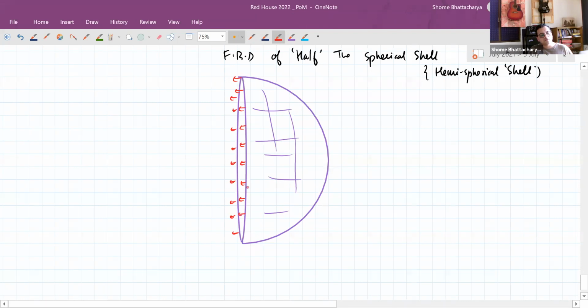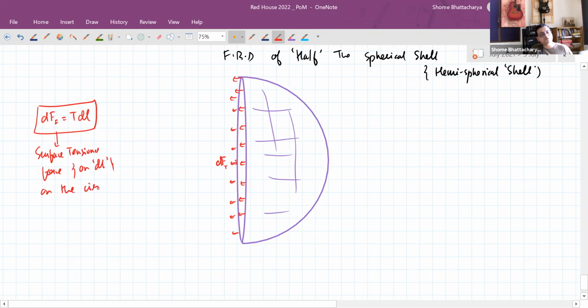So if we consider each of these as dF on a length element dl, this is the surface tensional force on an element dl on the circumference. That thing.